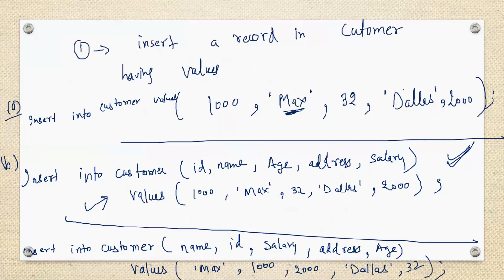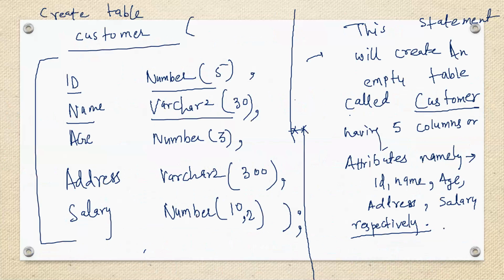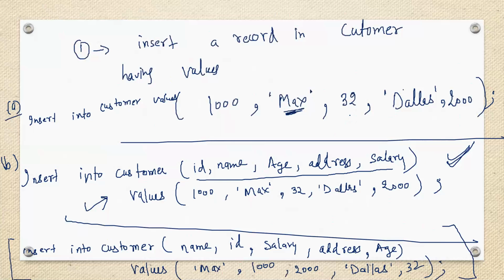Yes, we can. So there is one thing to observe. Here we took care of the sequence of their occurrence in the create table itself. The sequence of occurrence is ID, name, age, address, and then salary. We took care of that in the first case. Here we cannot mess up the sequence.